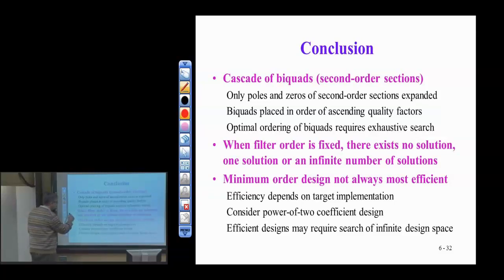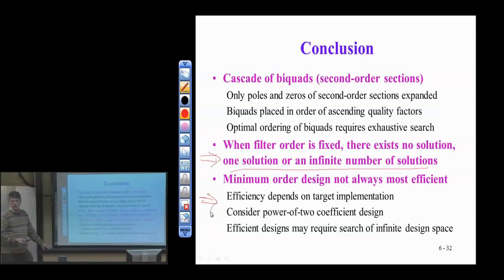Now it turns out that there are an awful lot of solutions in filter design you can go for, and the algorithms that you use pick one point out of a very large solution space of possible solutions. As we saw with constraining the pole locations, it turns out the minimum order design isn't always the best one to go with for stability reasons. It also turns out that the minimum order is not always the most efficient.